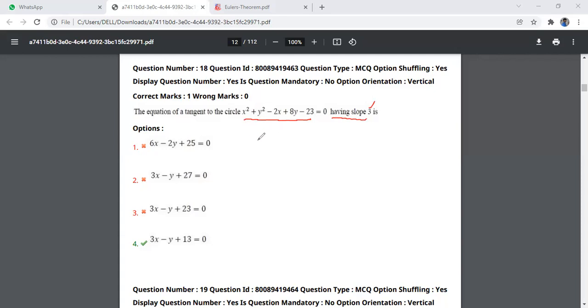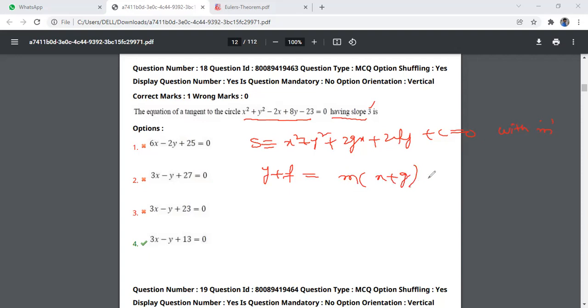If you have the circle equation s is equal to x square plus y square plus 2gx plus 2fy plus c is equal to 0, the tangent equation with slope m is y plus f is equal to m of x plus g plus or minus r into under root of 1 plus m square. If you substitute in this equation, you will get the equation directly. So what are g, f and m?